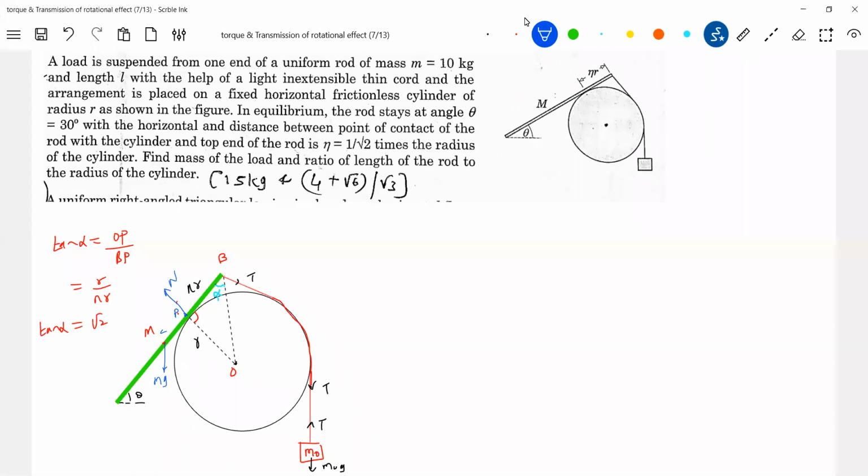We'll balance the component of weight of the rod AB, mg sine theta. We will balance mg sine theta. Not the normal; the normal N will act perpendicular to the rod. So only a component of tension should act here. How to bring in that angle? Shall I take this angle alpha?